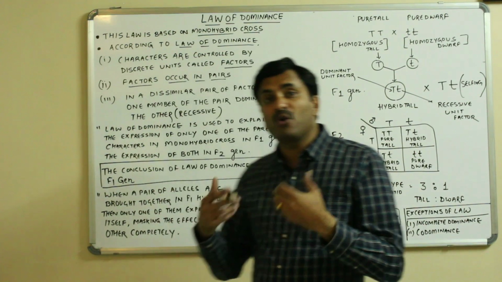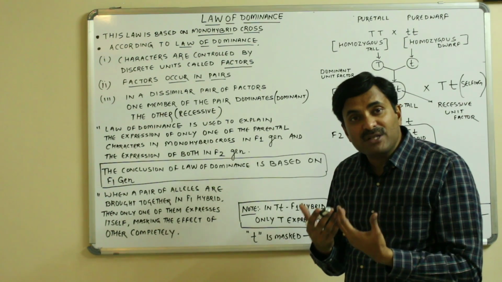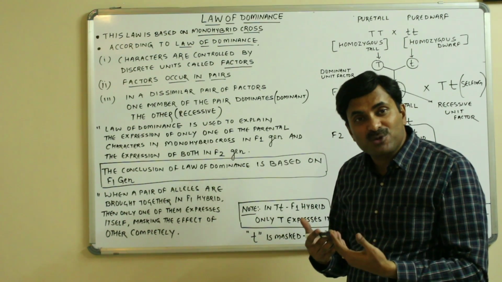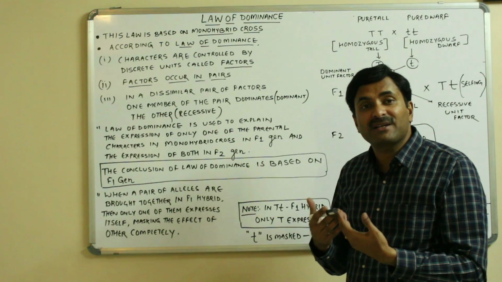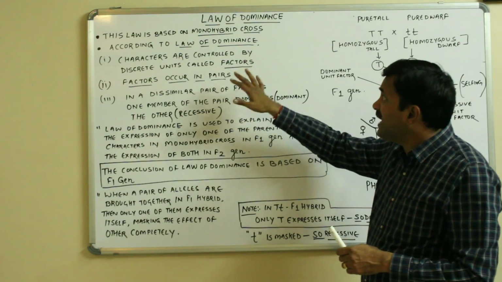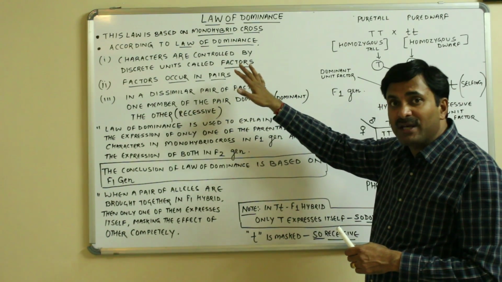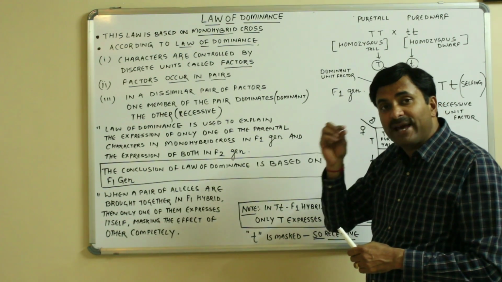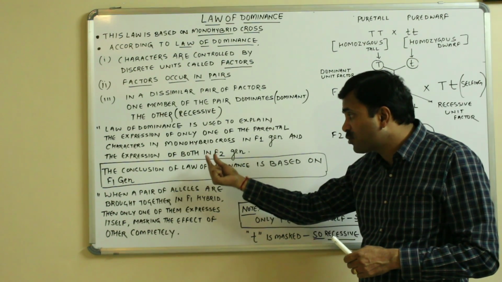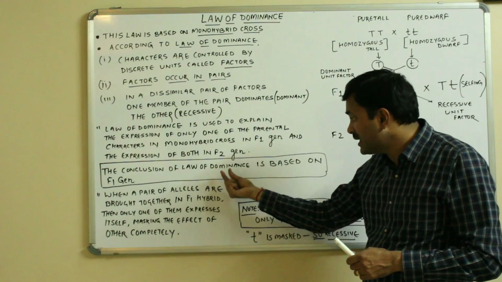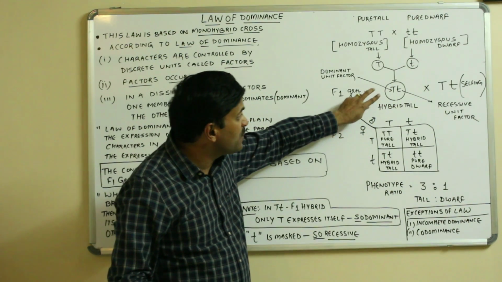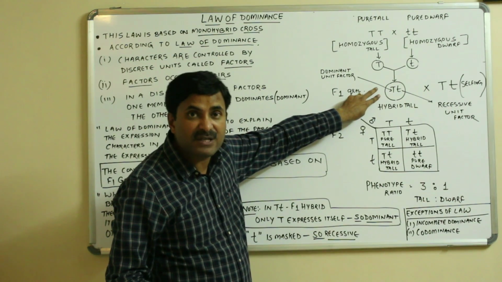So the law of dominance suggests that in the F1 generation only one character is expressed, while in the F2 generation both characters are expressed. This entire law of dominance is actually based on the F1 generation. Whatever conclusion we draw for the law of dominance is based on the F1 generation, so you have to concentrate on the F1 generation.